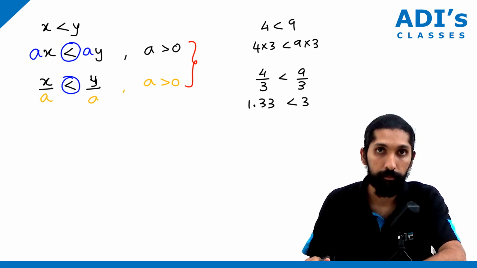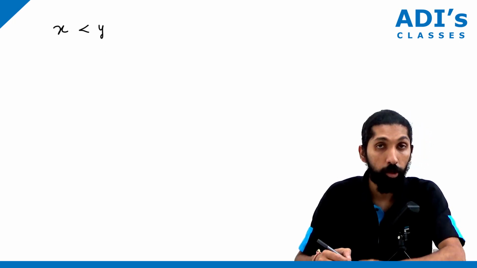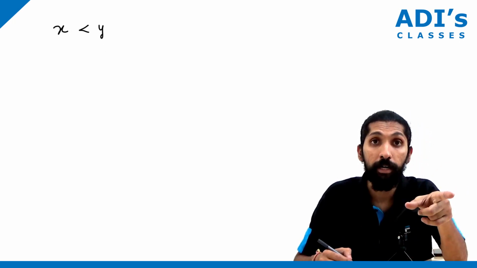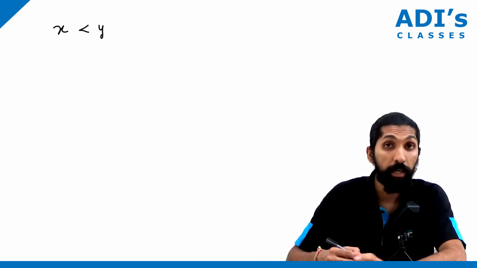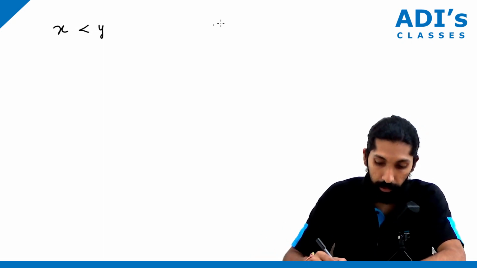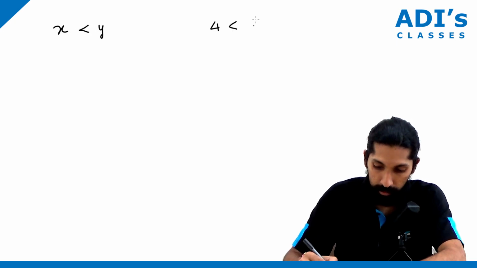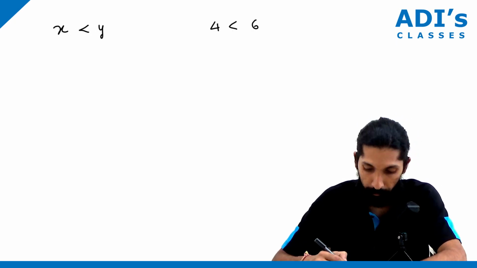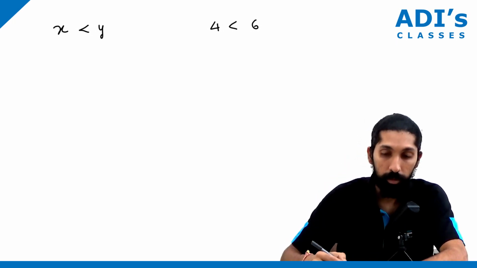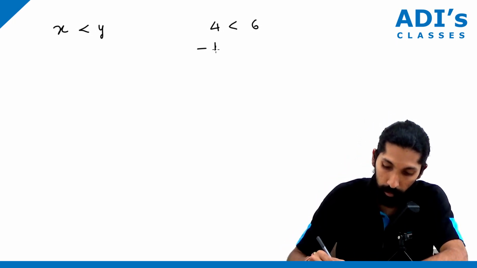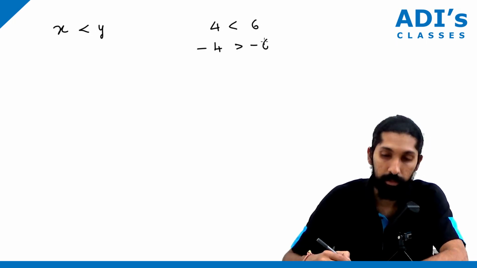Let's look into that. If x is less than y, you multiply or divide by a negative number. Let's take an example. Say we'll take 4 is less than 6. Now say I multiply by minus 1. Simple number. So minus 4 is greater than minus 6.